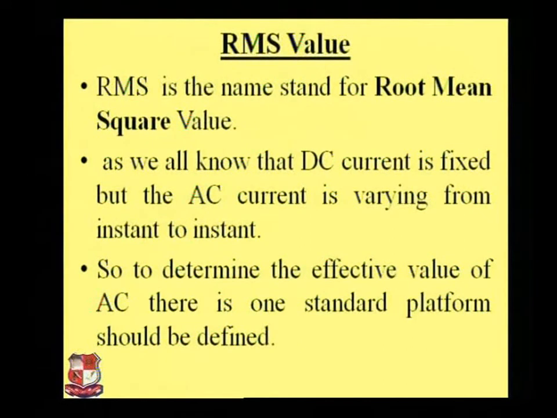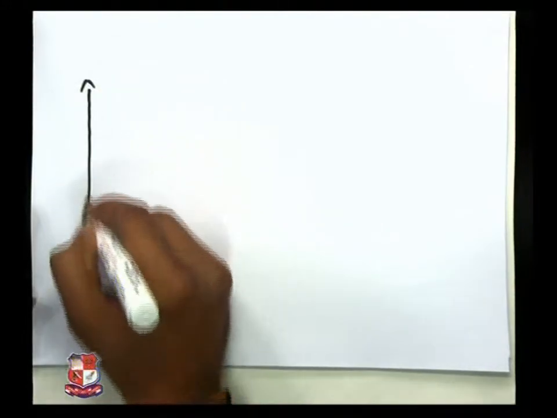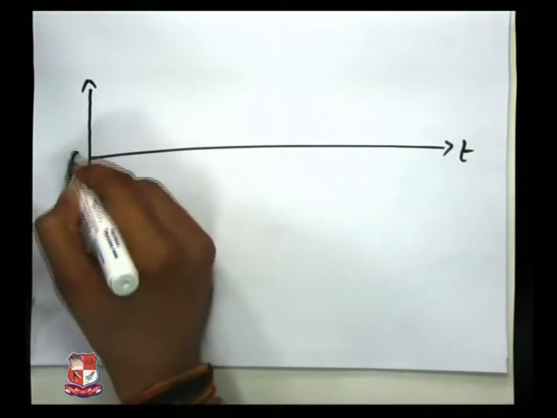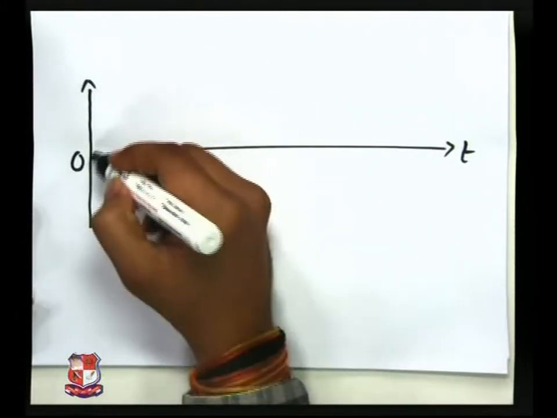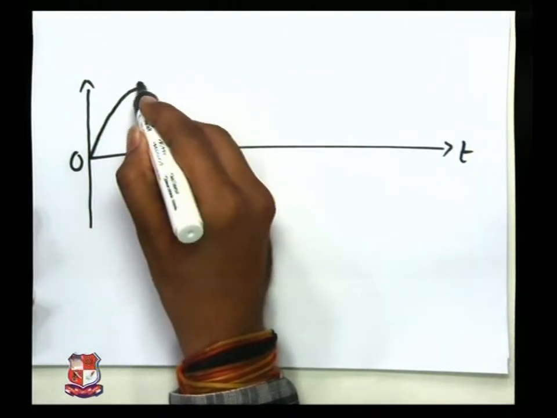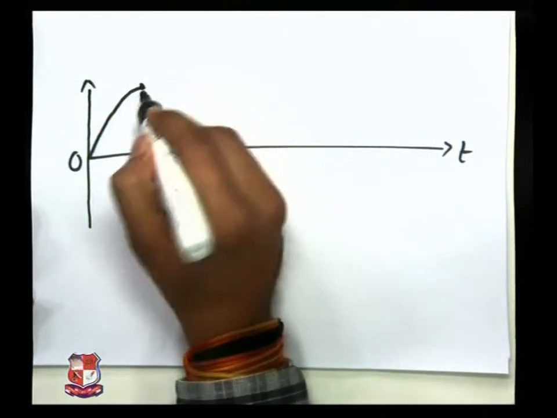Starting with that, the current of the AC, as you see, starts with the zero level, gradually increasing, reaches one peak point or the maximum height.